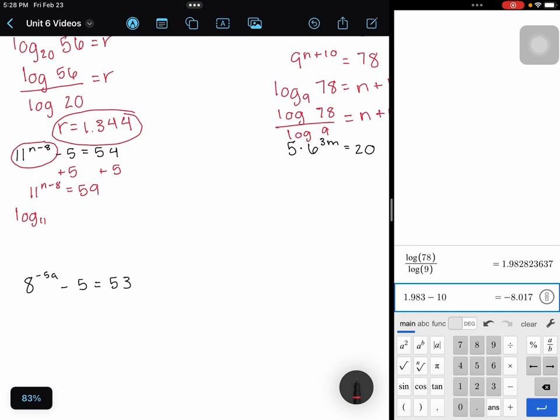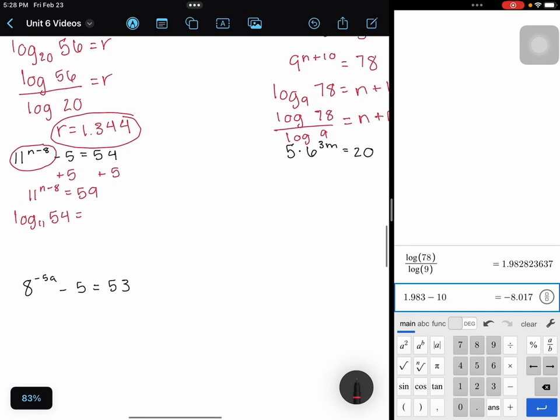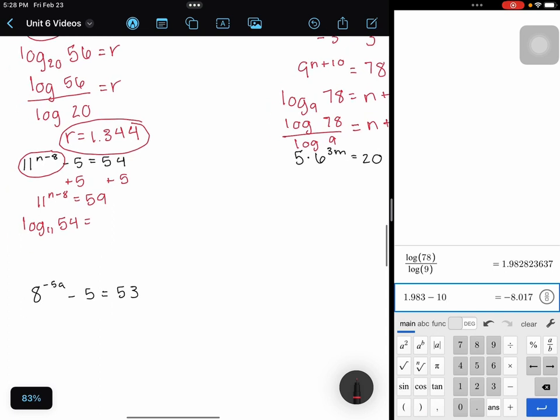Log base 11 of 54 equals n minus 8. This is log of 54 divided by log 11 equals n minus 8.